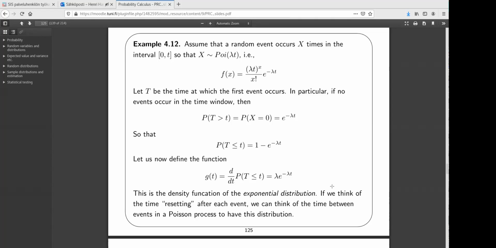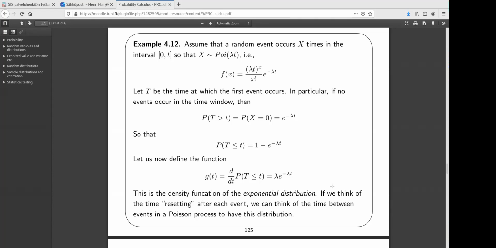And we can derive the density function for the random process, which is the time between two accidents. So let's say we have about 20 car crashes per week, or 3 per day, roughly.